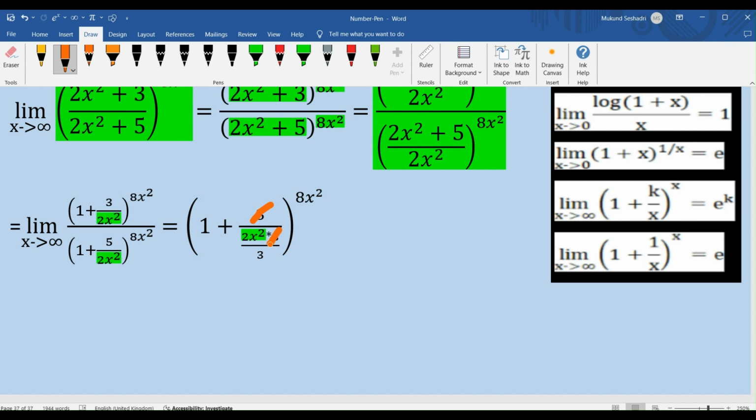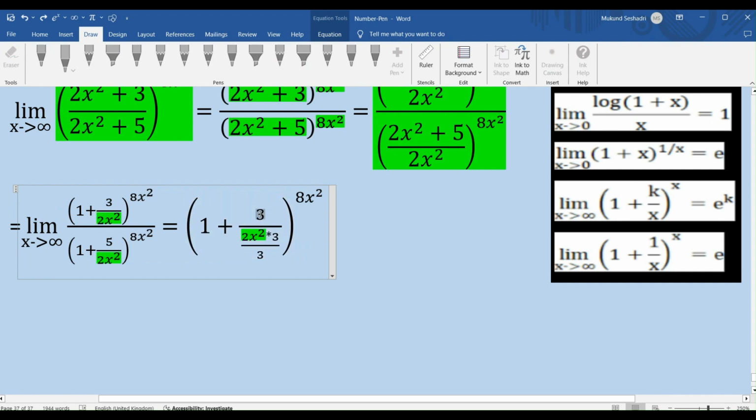So I'm going to remove these pencil marks because otherwise it gets very clumsy. After I cancel that, this 3 goes away and I'm left with 1 plus 2x²/3, the whole power 8x².